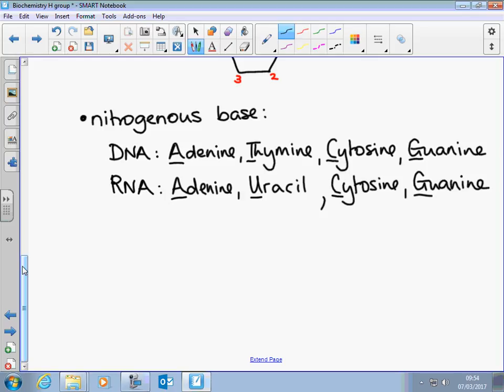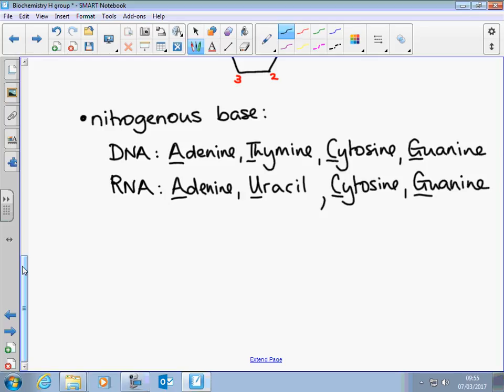But the light blue and the dark orange are bigger than the dark blue and the light orange. You cannot pair up 2 big ones, because that would push the 2 strands apart. And you cannot pair up 2 small ones, because they either wouldn't meet or it would pull the sides in. So you always have to pair a big one with a small one.